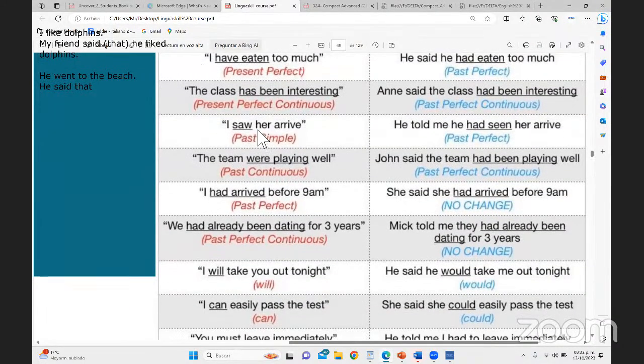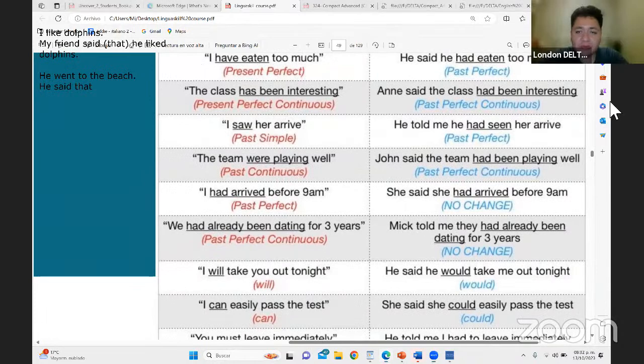So if I have the past simple, like in the example that I show you, we change past simple to what?